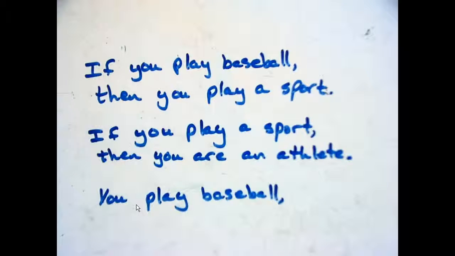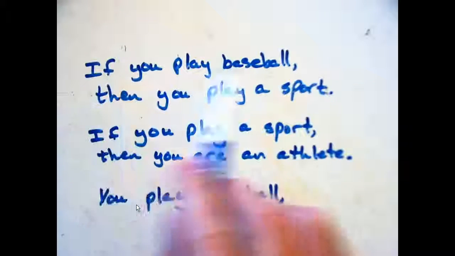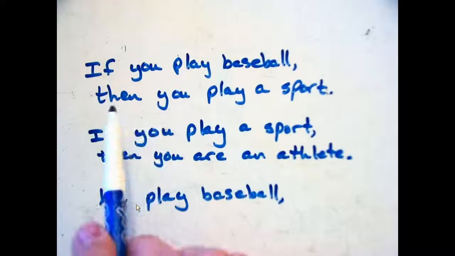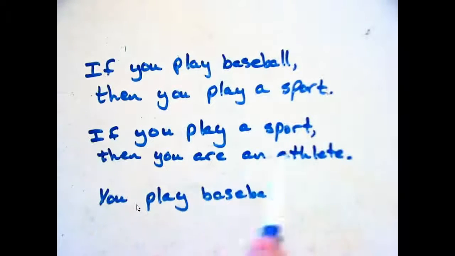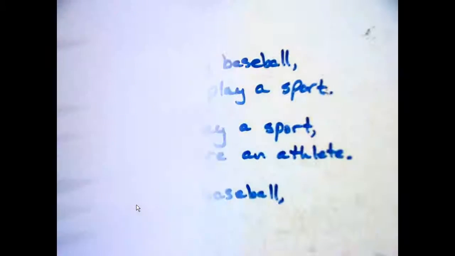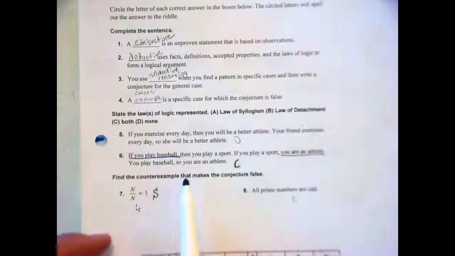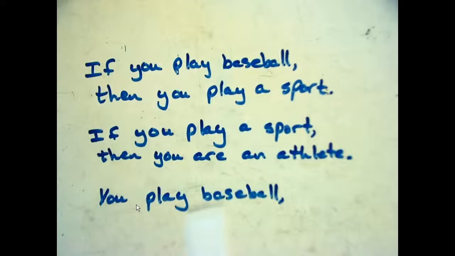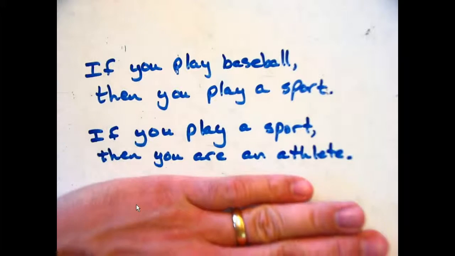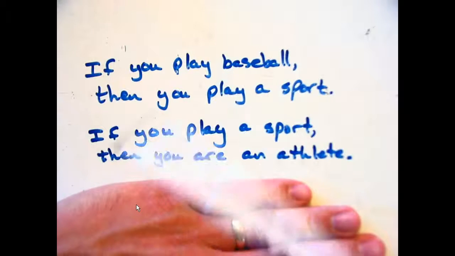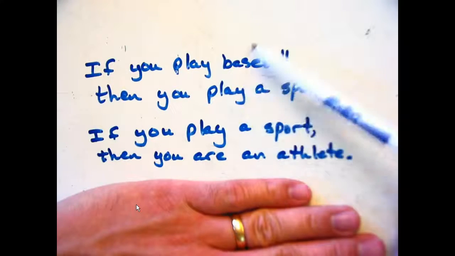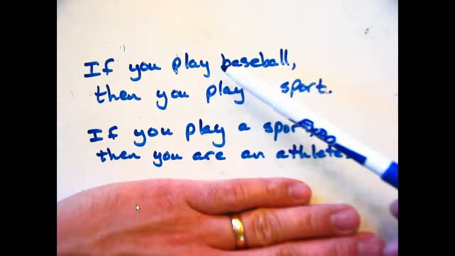So, if you play baseball, then you play a sport. This was number 6 on our assignment. If you play a sport, then you are an athlete. Notice I left the last part off there where it says, so you are an athlete. You play baseball. Right now, just based on this part, you can apply the law of syllogism, right? If you play baseball, then you are an athlete.